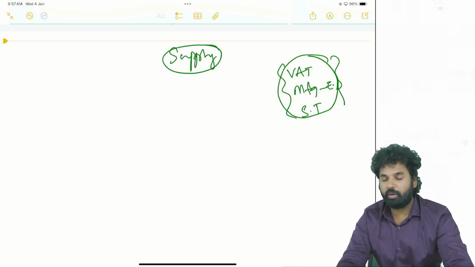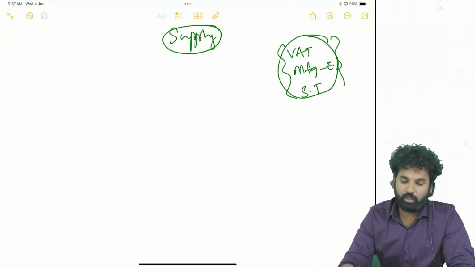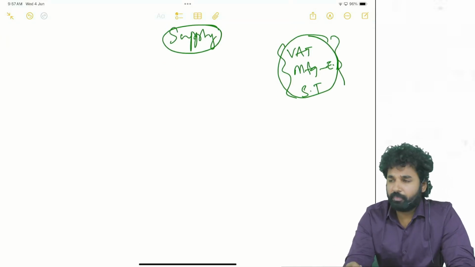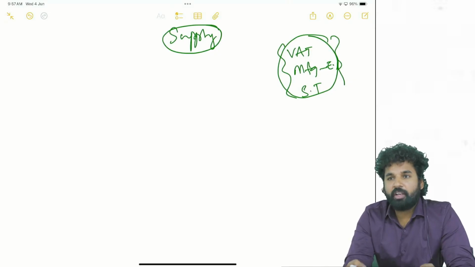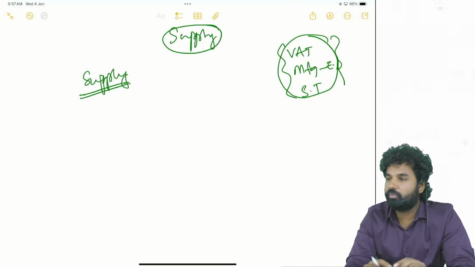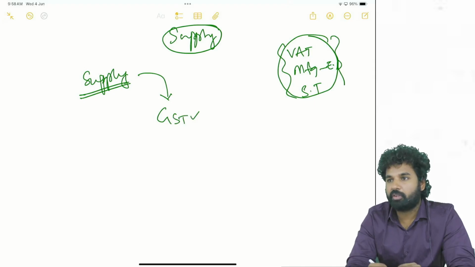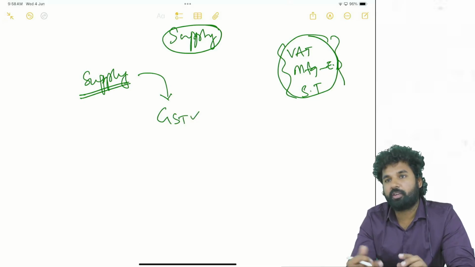Okay. So today we are going to discuss this chapter, supply under GST. See, in GST, if an activity is meeting the definition of supply, we cannot say that GST is there on that, as some other elements are also there.